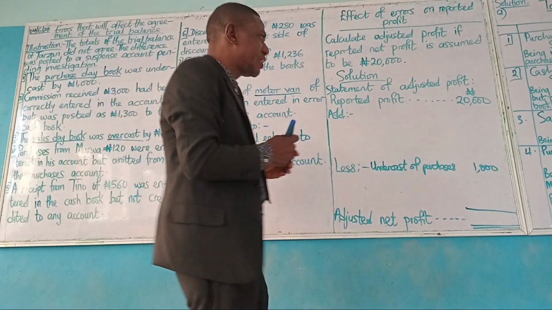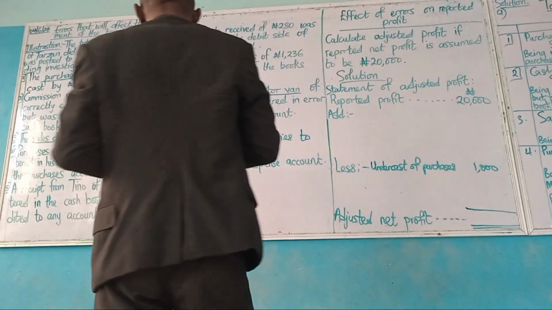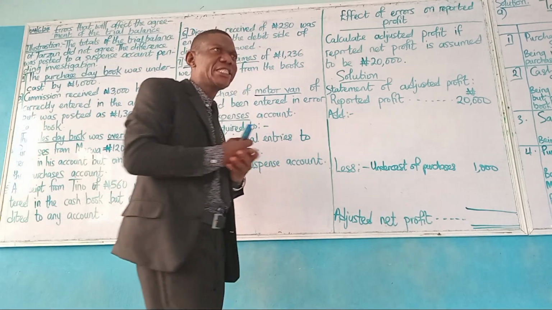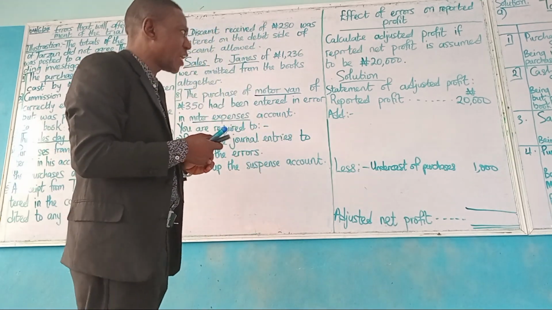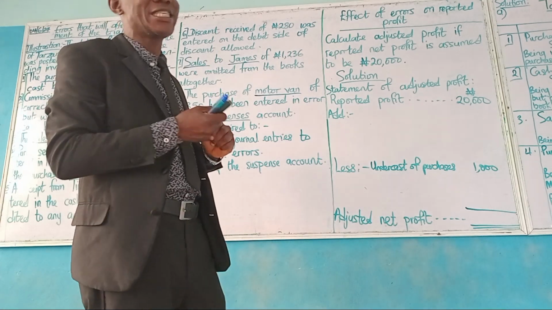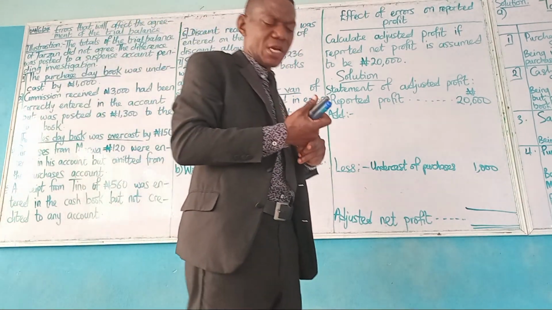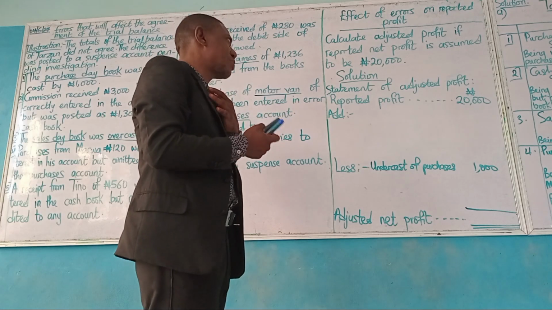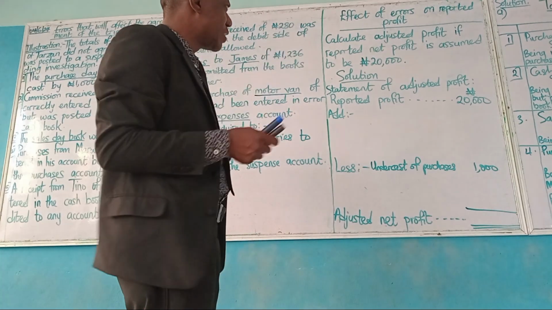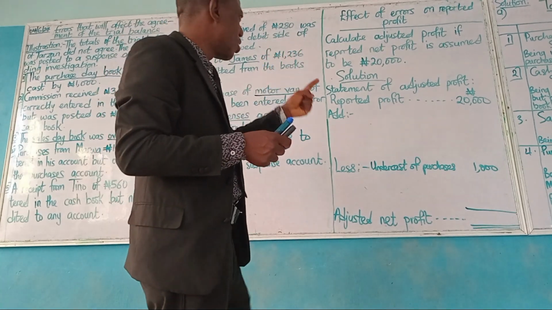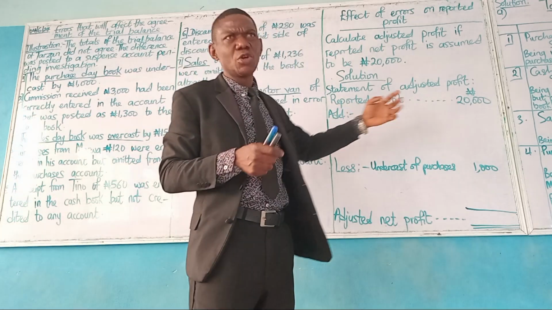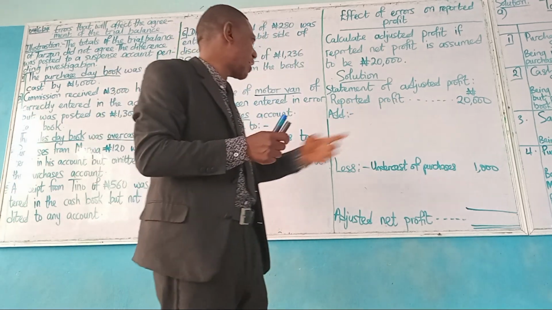It says sales total was overcast by 150. Sales is mentioned there, and sales is an item that appears in the trading account. So since it's appearing in the trading account, automatically it's going to be inserted into this statement, either by adding or subtracting.